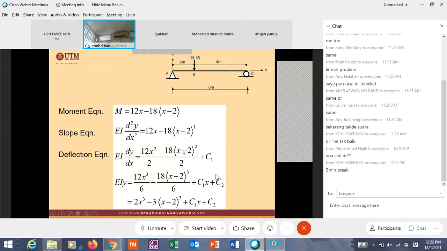It is easier, is it? In normal integration, you have to split 18x minus 36, and then 18x squared over 2 minus 36x. But in this continuous function, you just integrate x minus 2 as a variable.